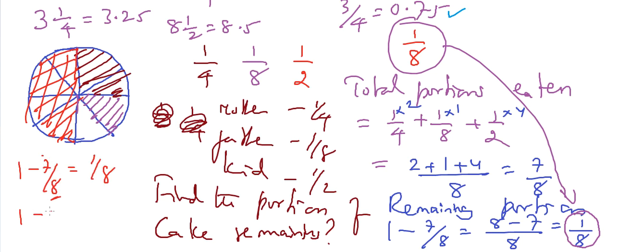Similarly, 1 minus 5 by 7: 7 minus 5 is 2, so 2 by 7. Similarly, 1 minus 3 by 8 will be 8 minus 3, 5. So 5 by 8.